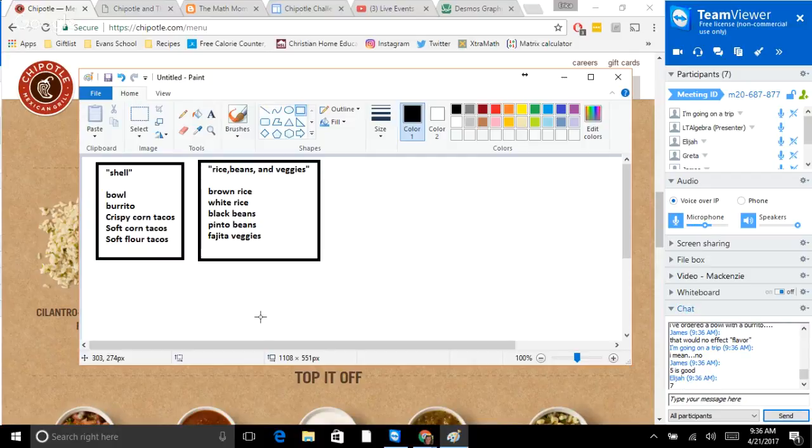Okay, Elijah, where's your 7 coming from? Oh, so you're onto the rice. Okay. So I'm thinking shell, right? For shell, we'll say that there's 5 combinations of holding vessel. Okay, so I think we're okay with that.